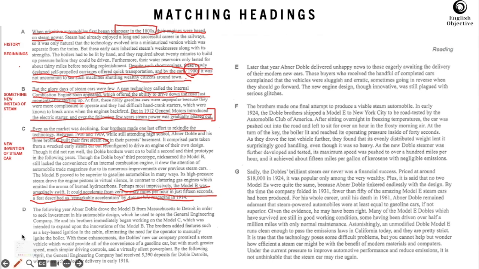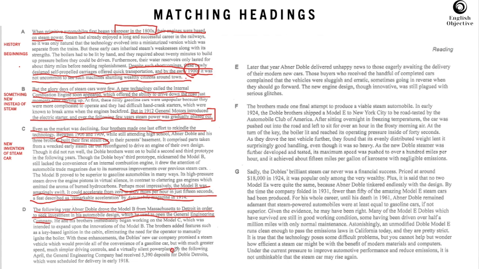Okay. Let's go through the topic sentences in paragraph D. The following year, Abner Doble drove the Model B from Massachusetts to Detroit in order to seek investment in his automobile design, which he used to open the General Engineering Company. And again, from full stop to full stop.